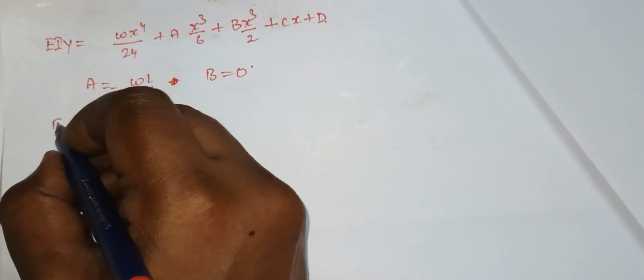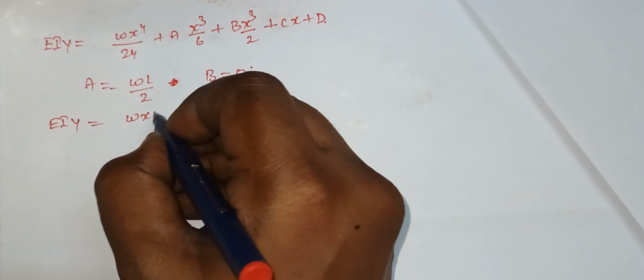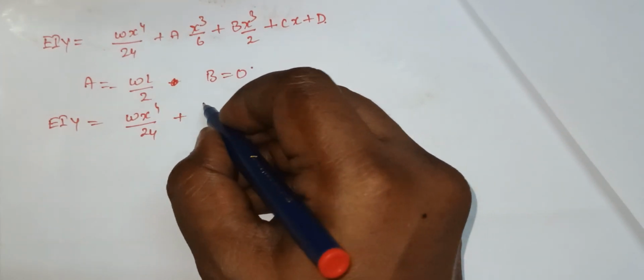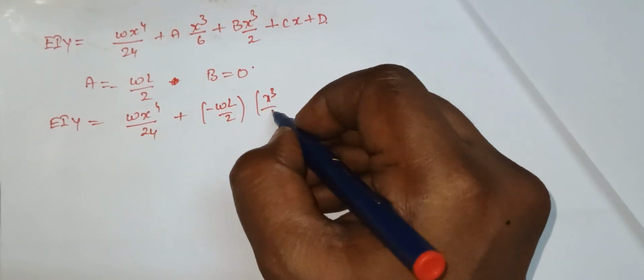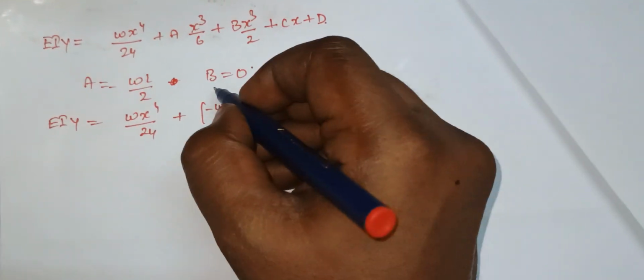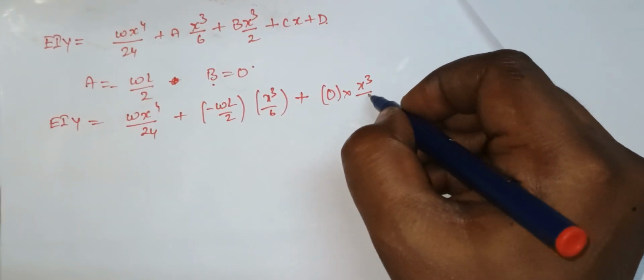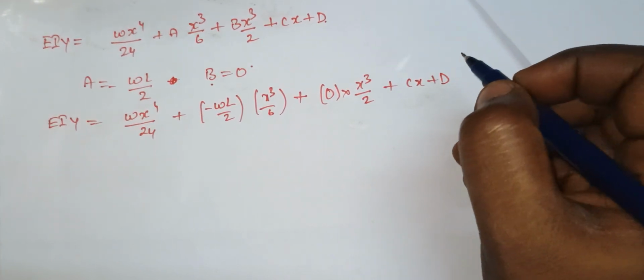So we get E into I into y is equal to w x power 4 by 24 plus minus wL by 2 x cube by 6 plus 0 multiplied by x square by 2 plus cx plus d.